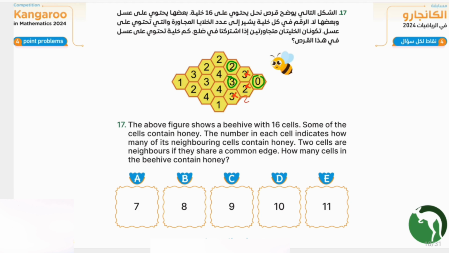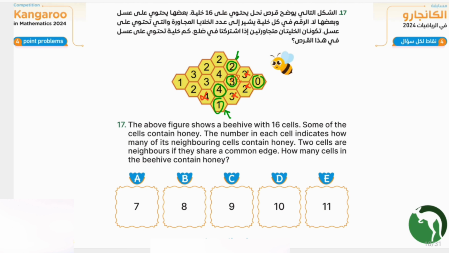So now if we check this one, the 3, it's telling us that 3 of its neighbors contain honey, so we have 3 contains honey, so also 4 and 1 will contain honey. Okay, now if we look at this one here, it's written 1, and 1 of its neighbors contains honey, this 4 here, so this one will not contain honey.